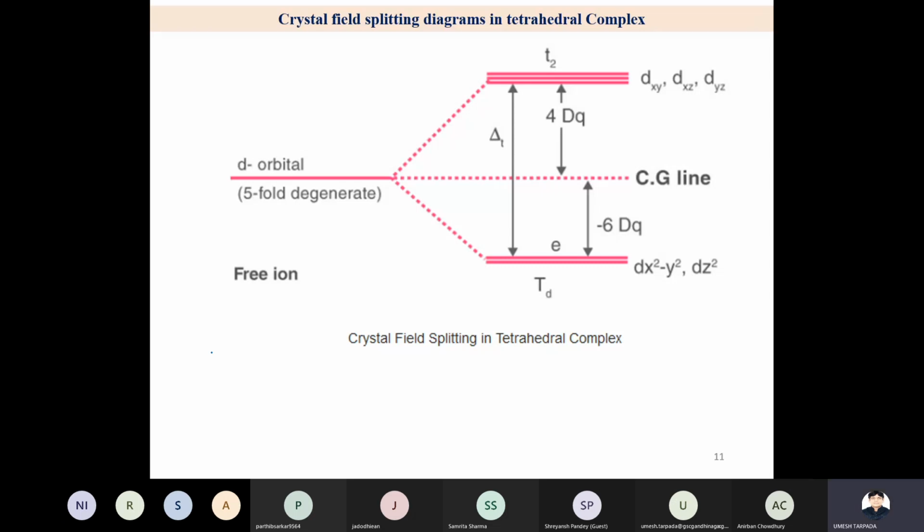So if you draw its geometry, the tetrahedral geometry is like this. You can consider a cubic box.